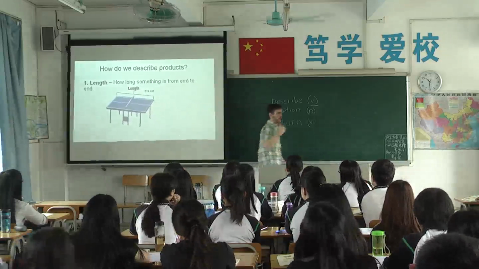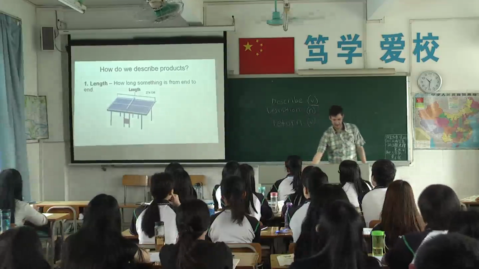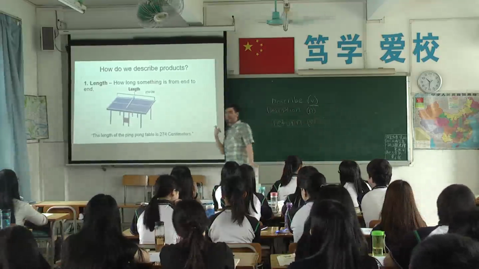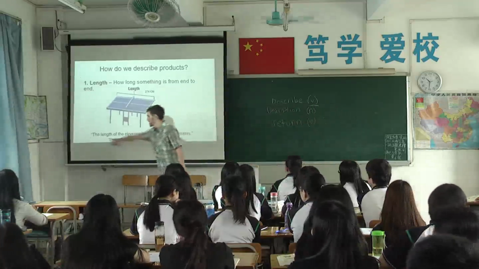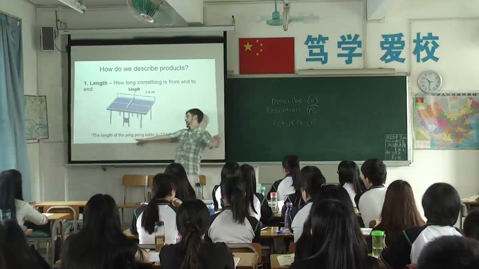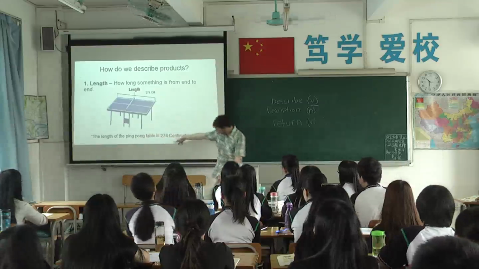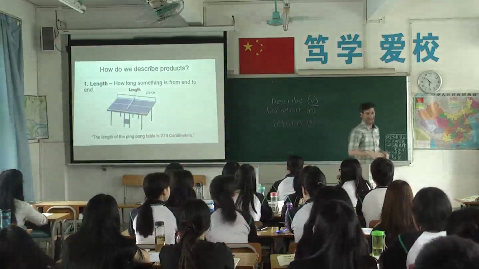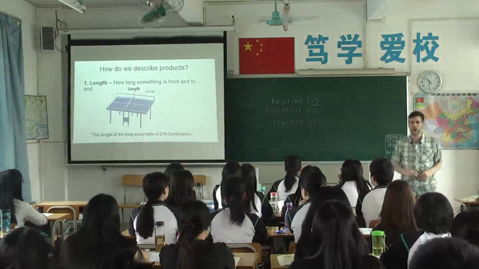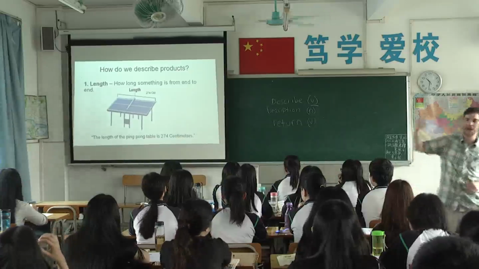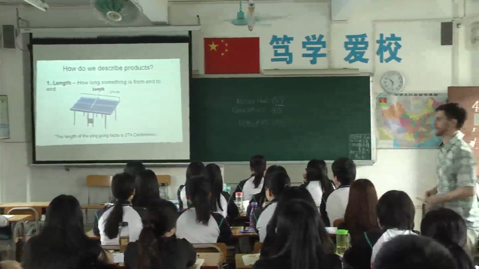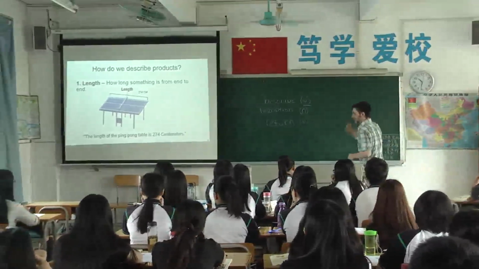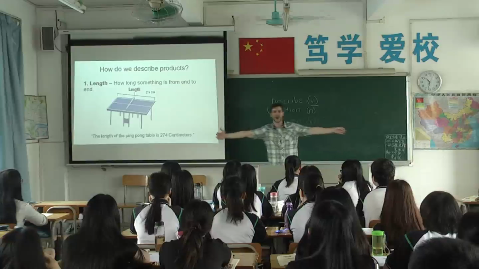So if someone called you, you would say, "Excuse me, what is the length of your ping pong tables?" What would you say? The length of the ping pong table is 274 centimeters. Good job. This is very easy to say orally. You just say, the length is this. Remember what I said, the length is always the longest part.